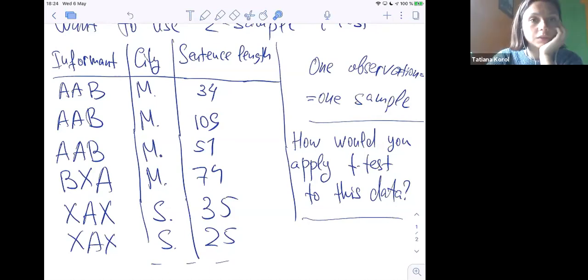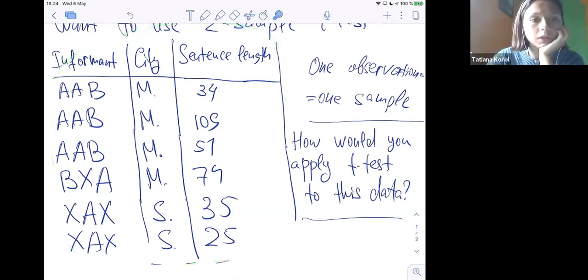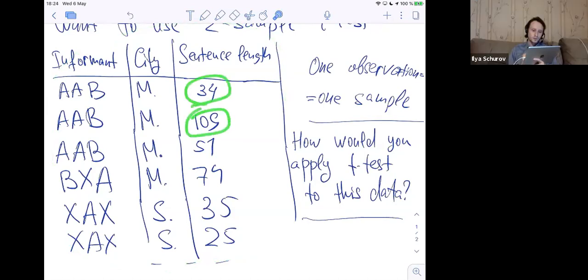Why can't we take results of Moscow citizens and St. Petersburg citizens separately and compare them? Mm-hmm. So which numbers exactly will you feed to your t-test when you look at this table? Just I will take first four results as one part.